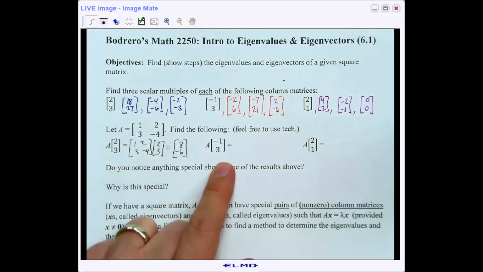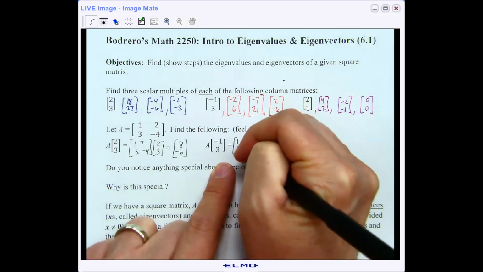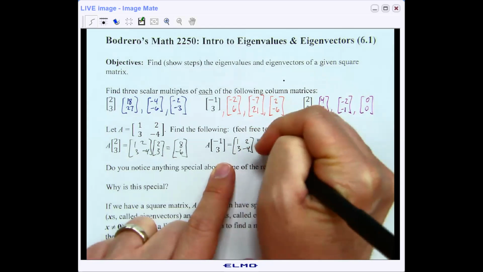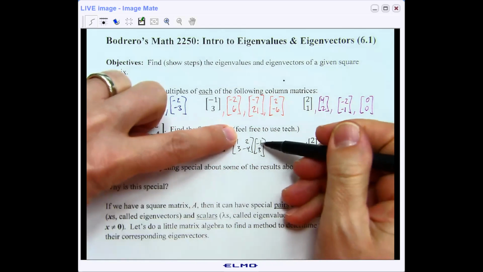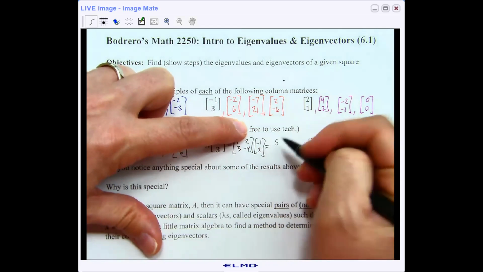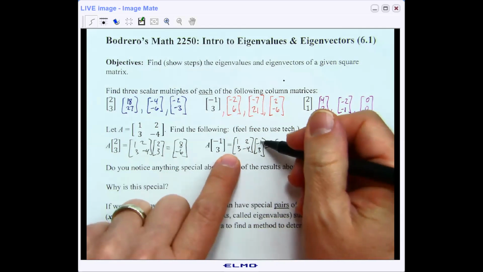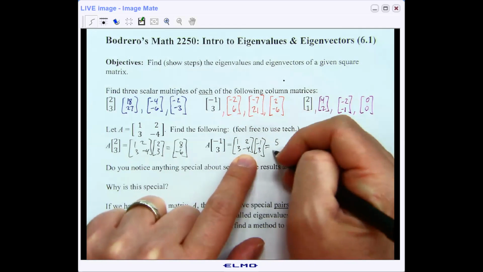What about if we do it times -1, 3? If we do that, we get -1 plus 6, which is 5, and -3 minus 12, which is -15.